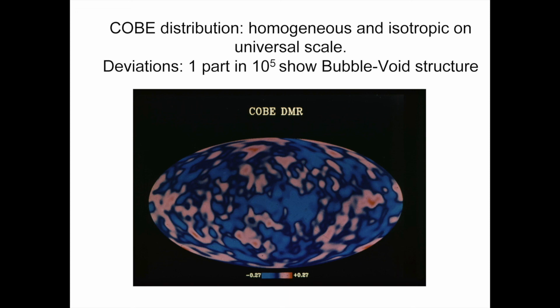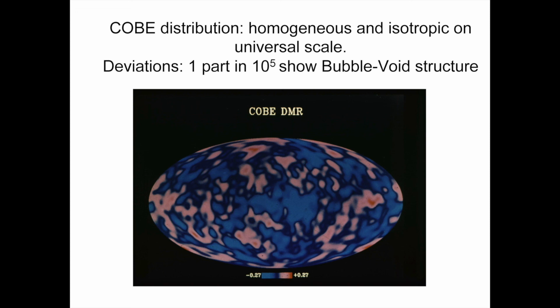And what we see here is the large scale structure in the universe. The pink and the blue there are in fact outlining the bubble and void structure that we talked about in looking at the distributions of galaxies. Remember that these come from the time of decoupling when the first atoms are made. So they're showing the imprint of where there's slightly more or less matter in the universe, just random fluctuations.